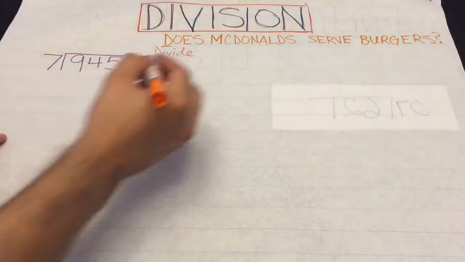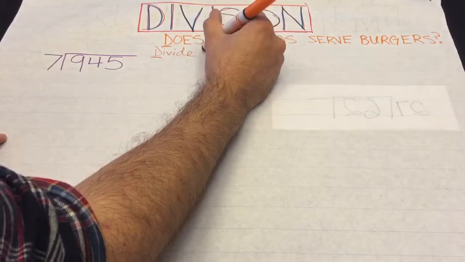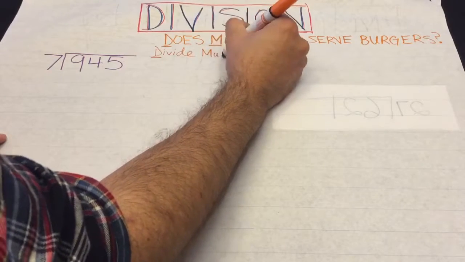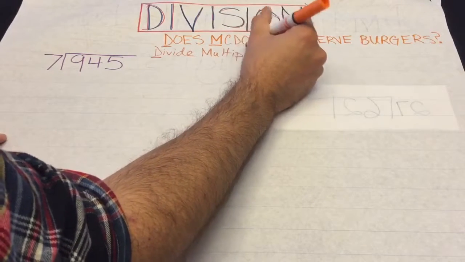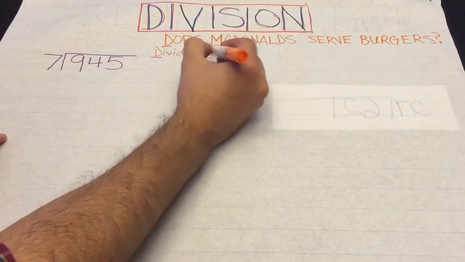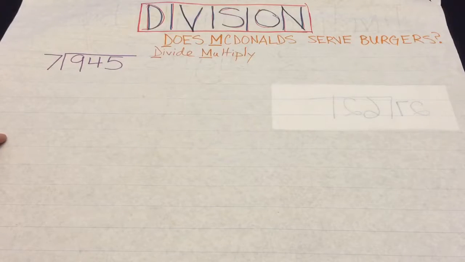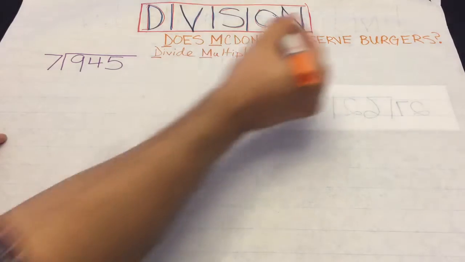We're going to do the M, it represents multiply. And then we have the word serve. Serve is for subtract.